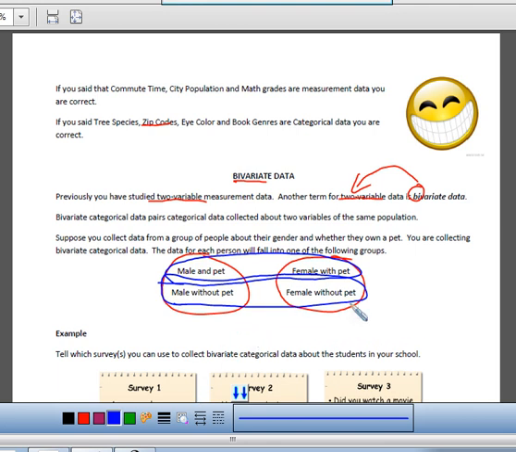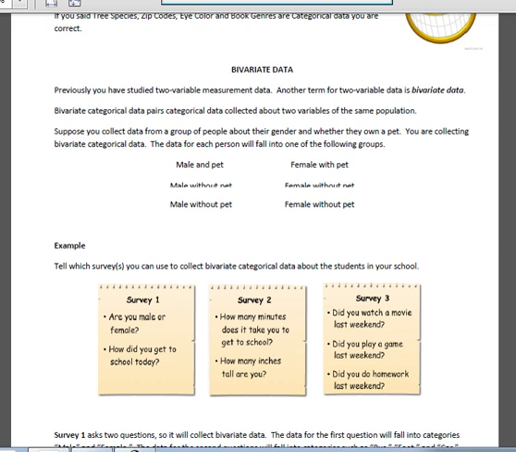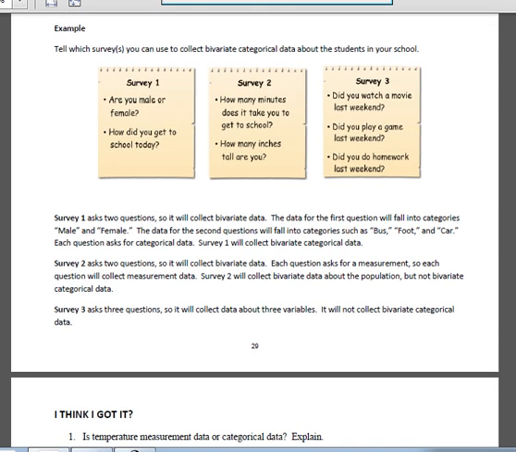Male without a pet or female without a pet. So that is the bivariate. Now I know some of you might be saying, but there's four things. You've got to group them together. So either it's male with or male without, female with or female without, or you can group it going horizontal or side to side.